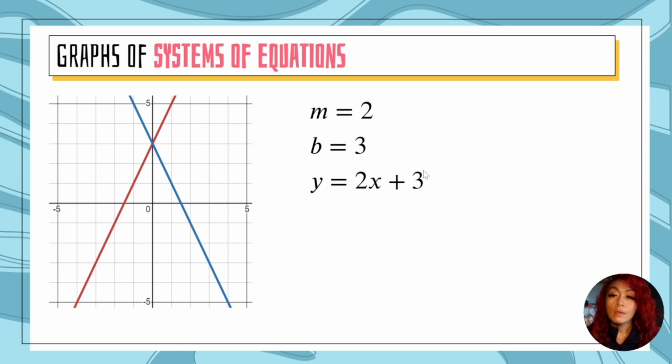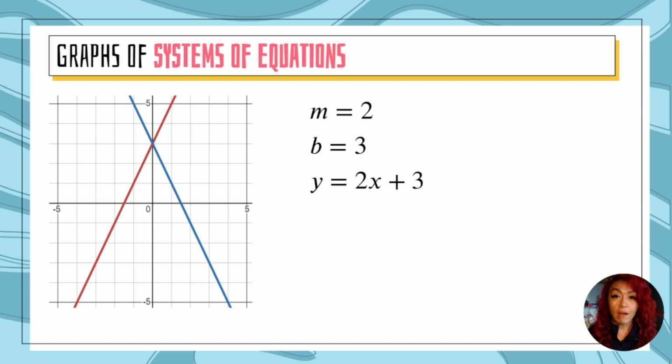Okay, great. Now let's look at the blue line. The y-intercept is the same here. So b will also be 3 for this line. Let's use rise over run to find our slope. I'll rise 2, and run 1. So you may think that the slope is 2 over 1. But remember from the previous lesson, I told you when you count your rise over run, make sure you check the direction of the line to determine whether your slope is positive or negative.